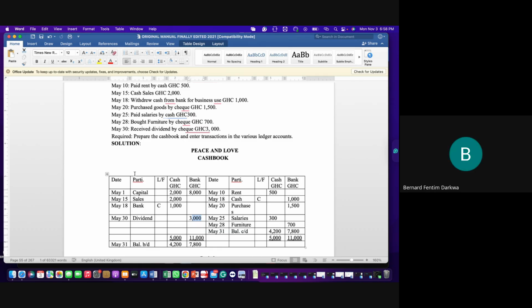Now you can prepare the cash book. The cash book is normally a very big book, when you see the personal accountant's one. The reason it is big is that part will be recording cash transactions and part will be recording the bank transactions, both debit and credit, and they are in the same book.